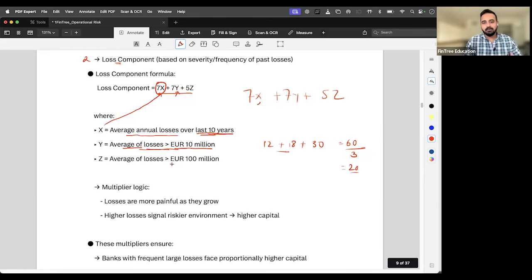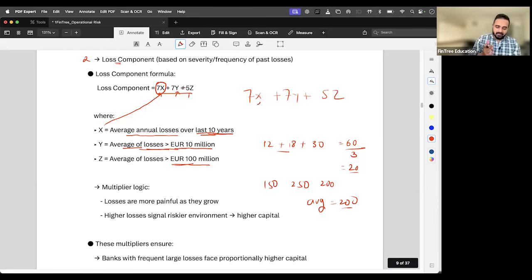And not only that, if you've had losses of more than 100 million, imagine you had one loss of 150, one of 250, and one loss of 200, I'm just making up numbers randomly. Then I will also take an average of the 3 losses, which is 200. And that 200 will also be added in 5z.